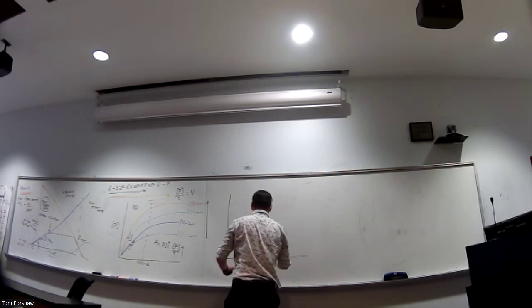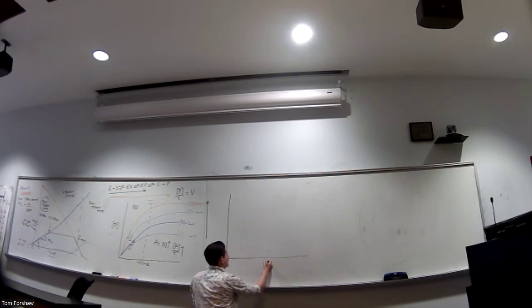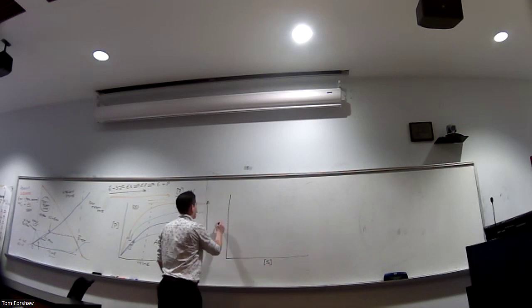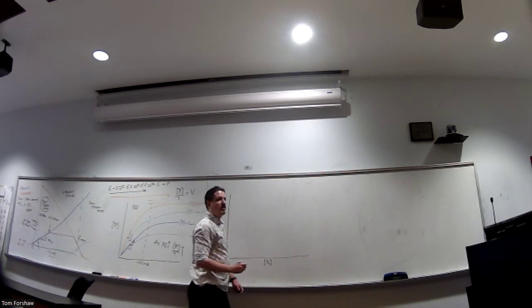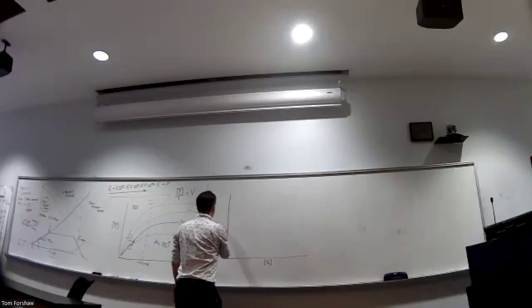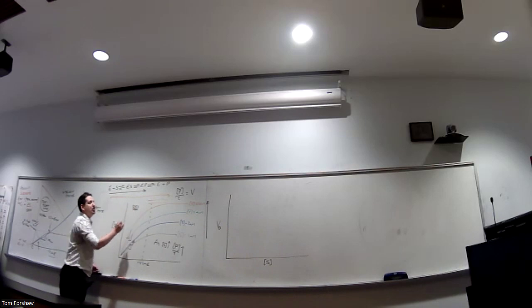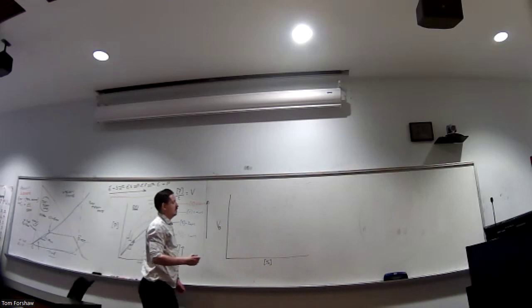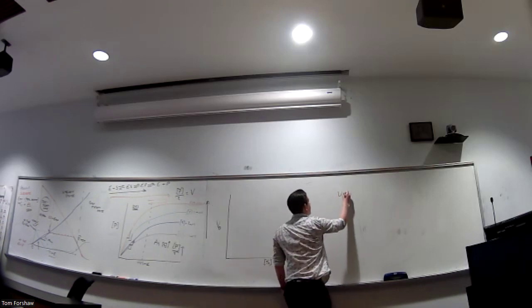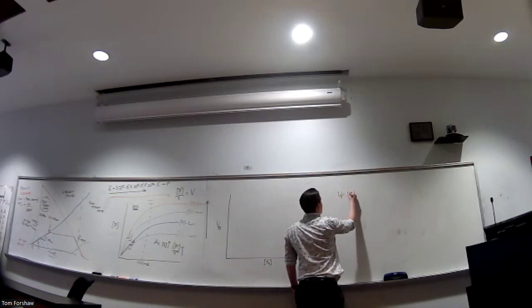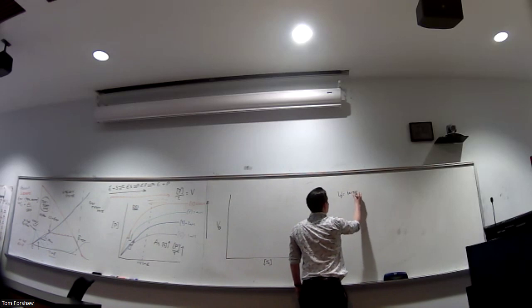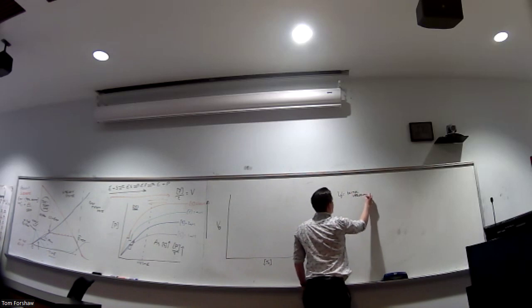And if we plot it as substrate concentration over velocity, and we call that V0, because it's the velocity in the pre-steady state, so we call it initial velocity. V0 equals initial velocity.